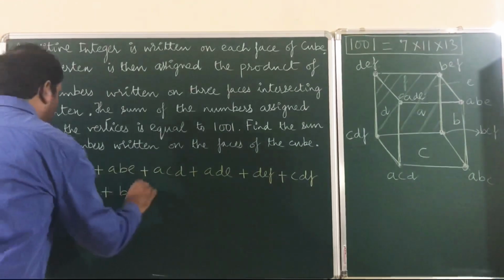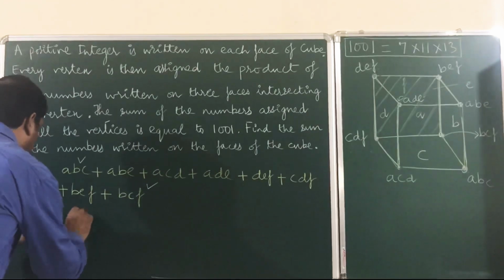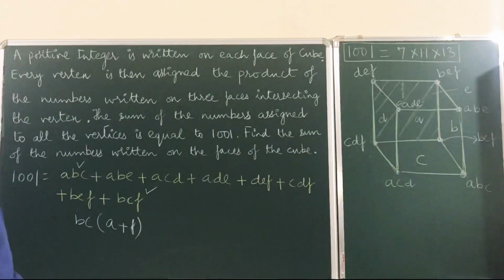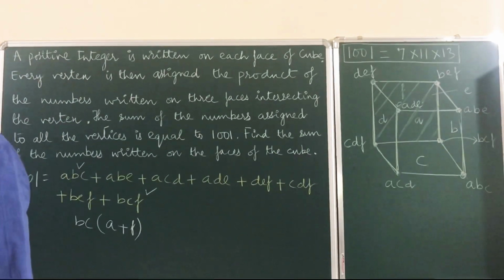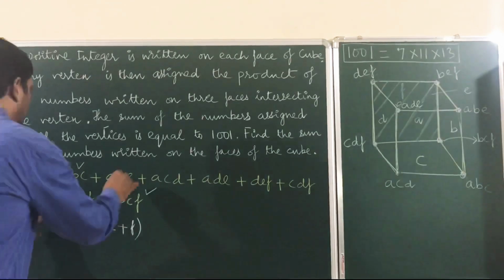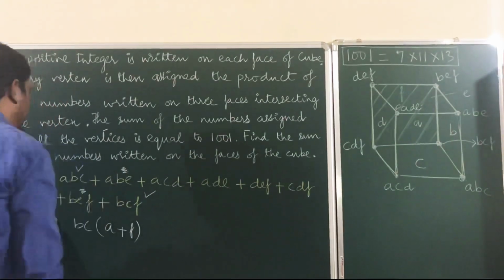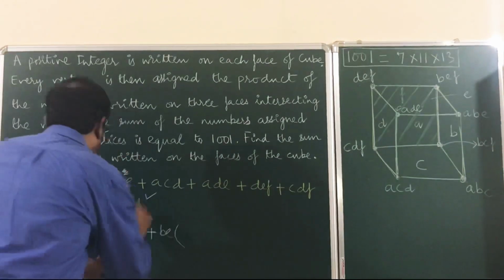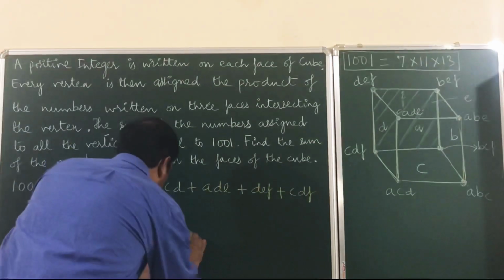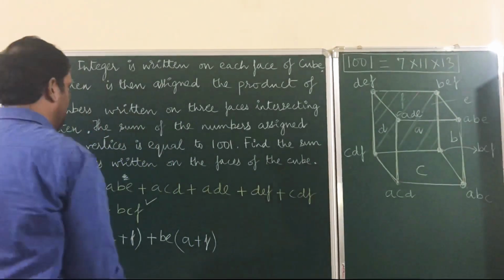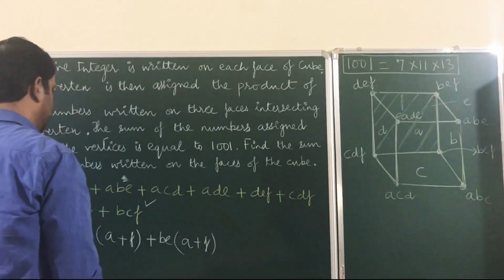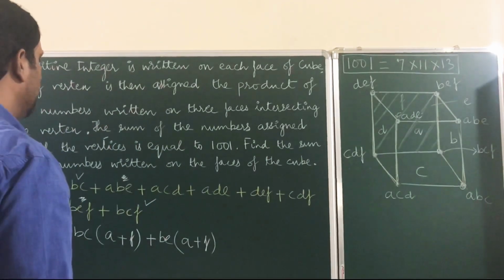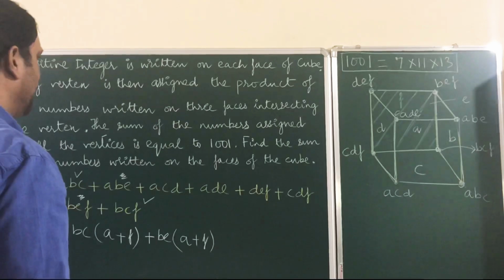In these two, we can take BC common. If we take BC common, we'll get A plus F. In the last two, if I take BE common, we'll get A plus F again. And then these two: ACD plus CDE plus DEF plus CDF.